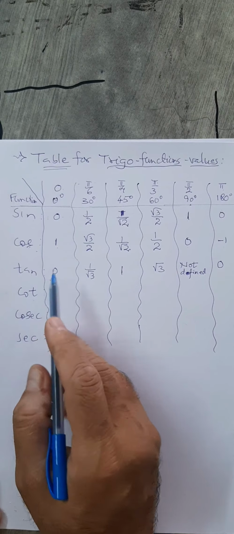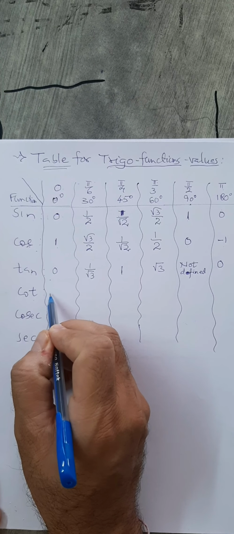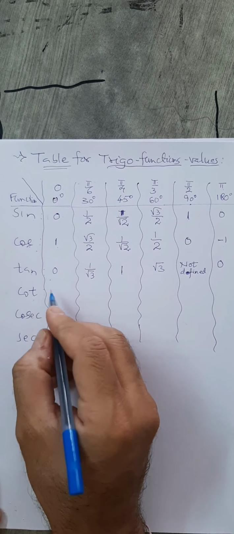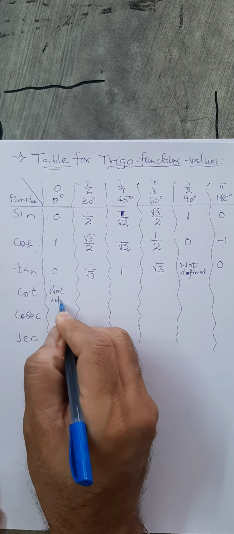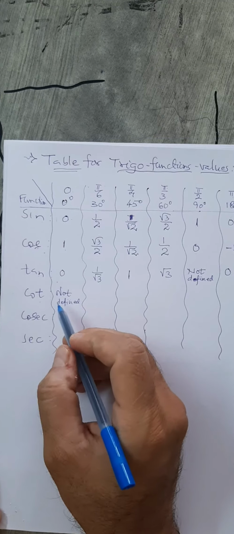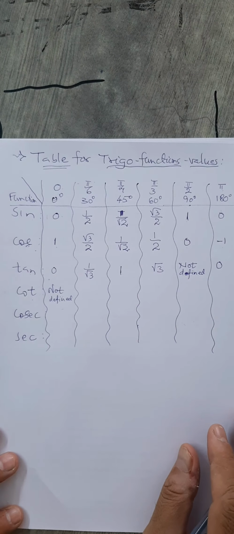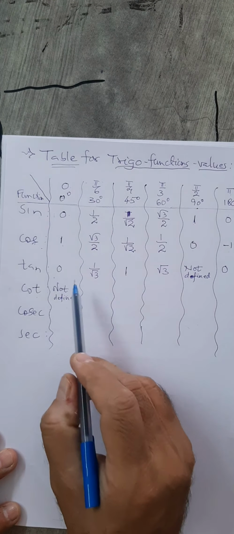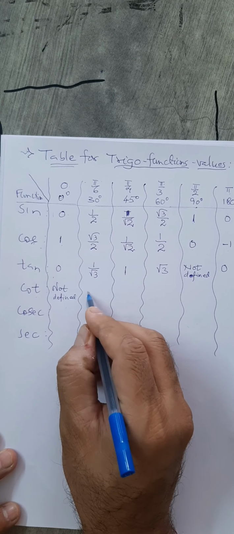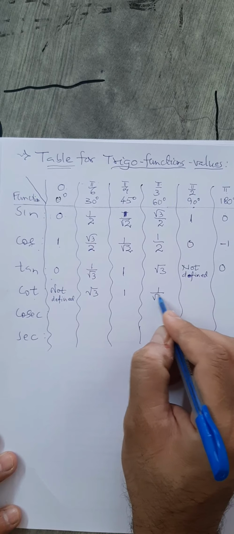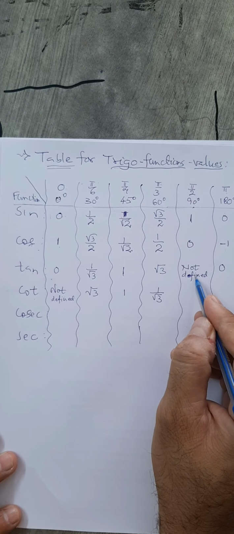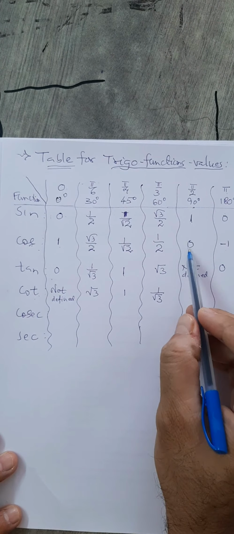Cot is just the reciprocal of this. So you can write here, or you can write cos upon sine. So this is not defined. Cot is again reciprocal of tan. So this is root 3. This is just 1. Here 1 by root 3. Reciprocal of not defined is 0 because cot is cos upon sine.